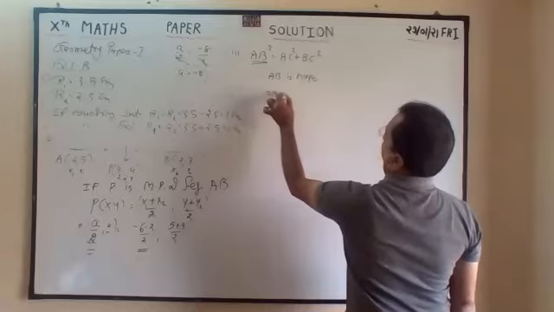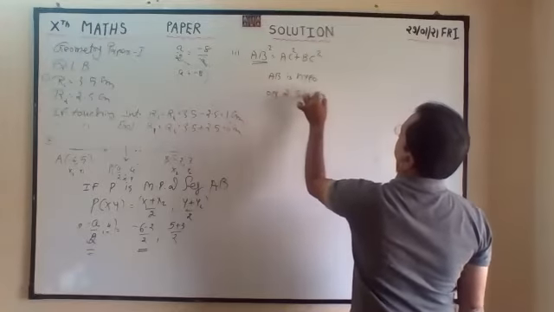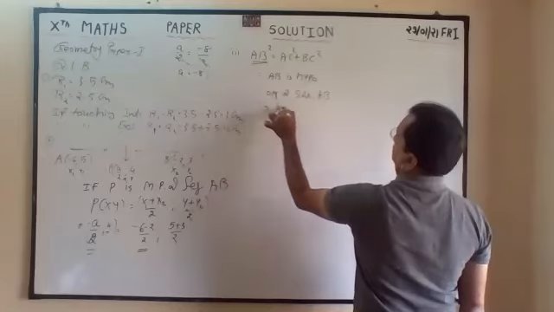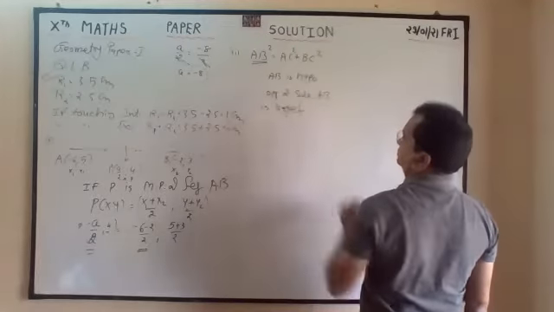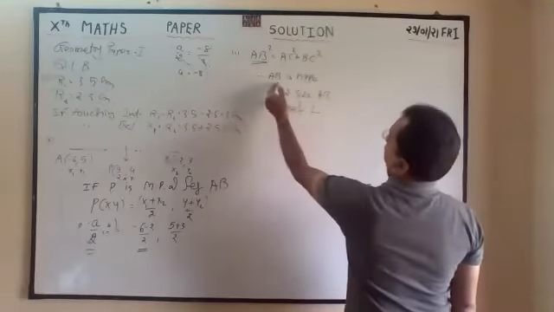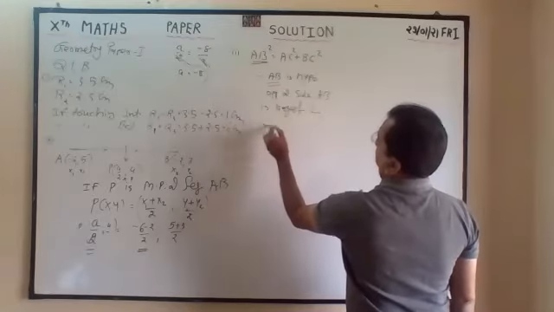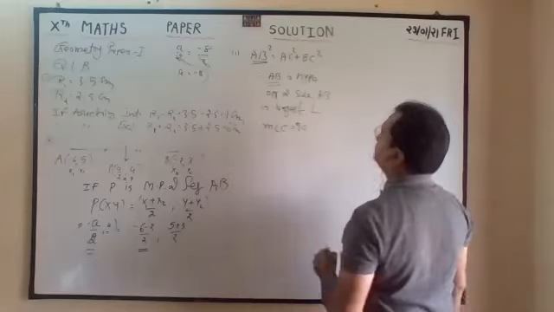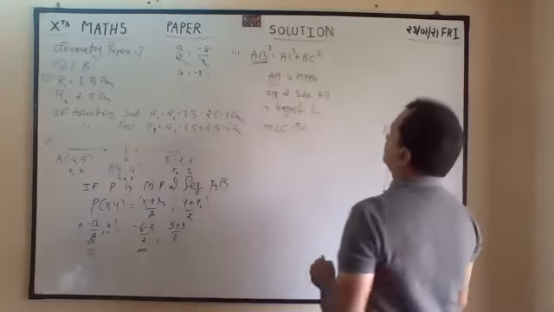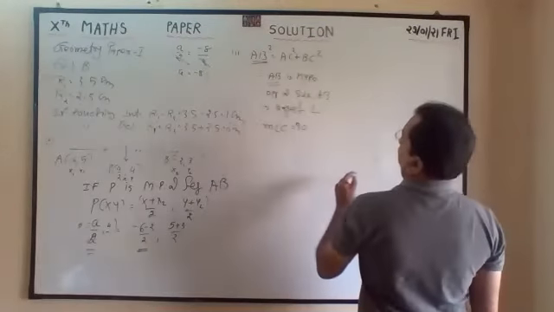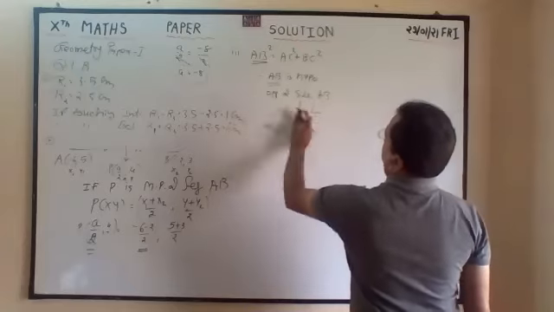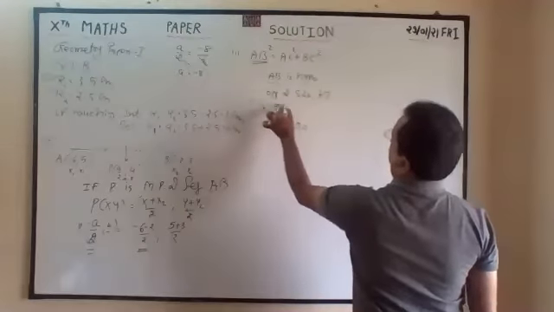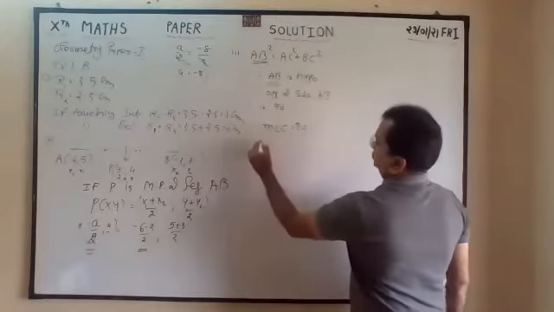Therefore the opposite of side AB is the largest angle. Opposite of AB means C. Directly 90 degree. So now C.